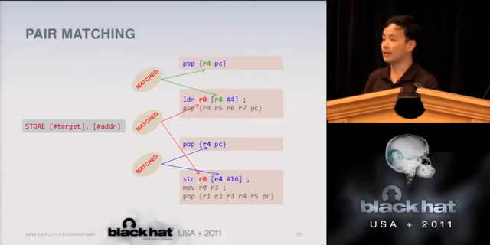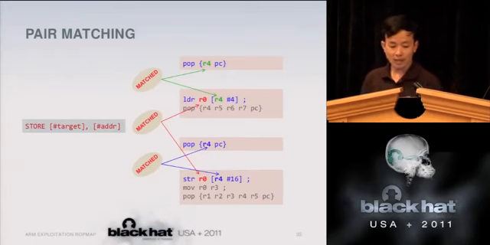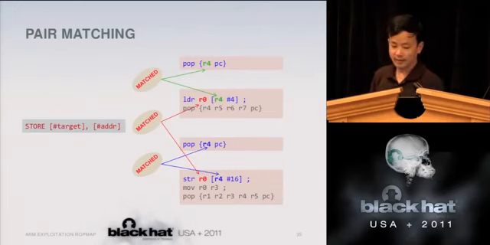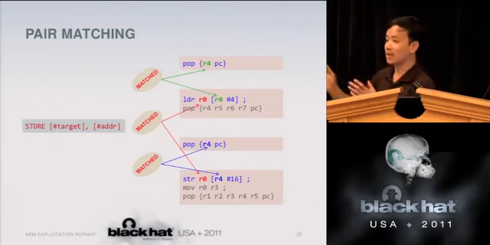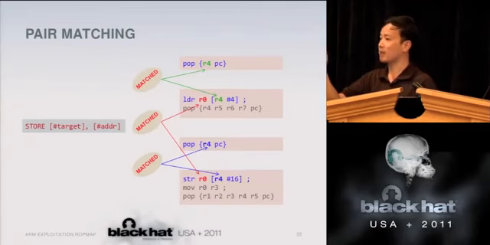In our candidate list, we find another instruction, pop R4 PC, so we know we have to load the target value to register R4. We match those two gadgets as a pair: R4 plus 16 is matched with R4 in the previous instruction. So we have the first pair match.